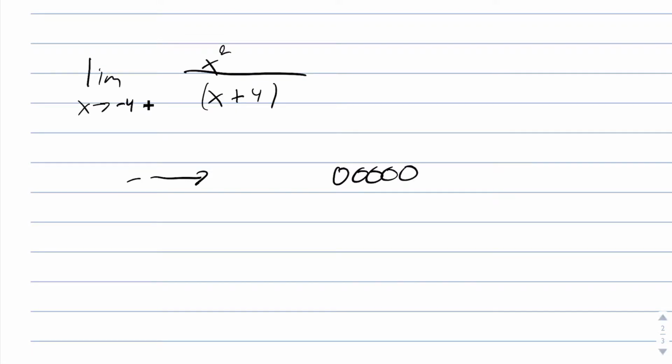It's going to be really, really small on the bottom, because we're going to have something slightly greater than negative 4, like negative 3.99999 or whatever. So that's going to be very big. That's going to be infinity.